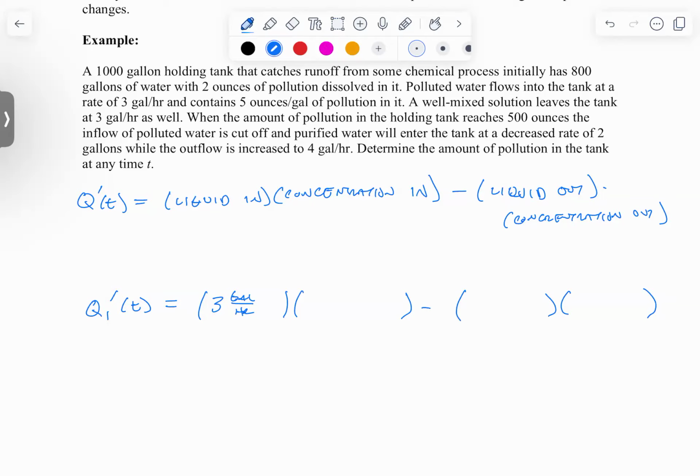But it's always good to watch out for that one trick where this says gallons per hour and this says ounces per, whatever another unit might be, like a quart. So you have to make sure you adjust. Okay, gallons per hour, and then what's the rate of the pollution going in? 5 ounces per gallon. So yes, we see our units can match up there.